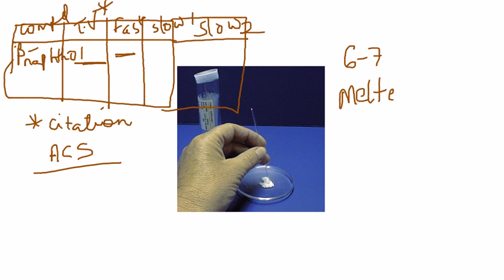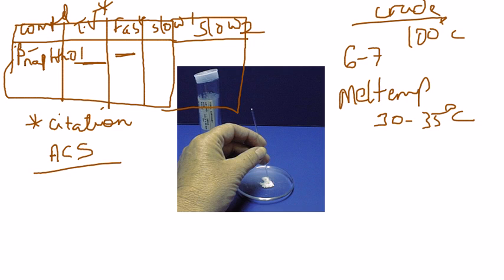To do a slow reading, you will cool your melt temp apparatus approximately 30 to 35 degrees lower than the melting point. Let's say in the crude reading your melting point came out to be 100.